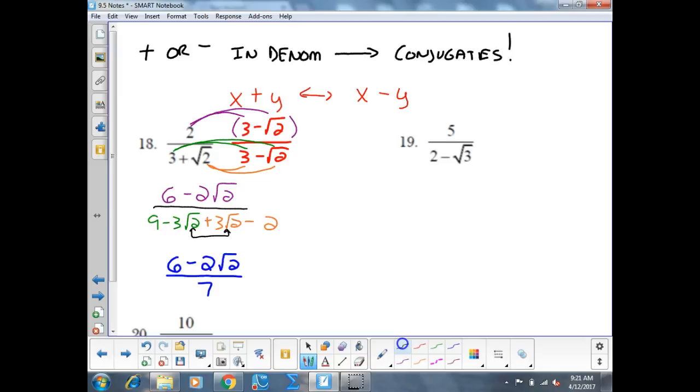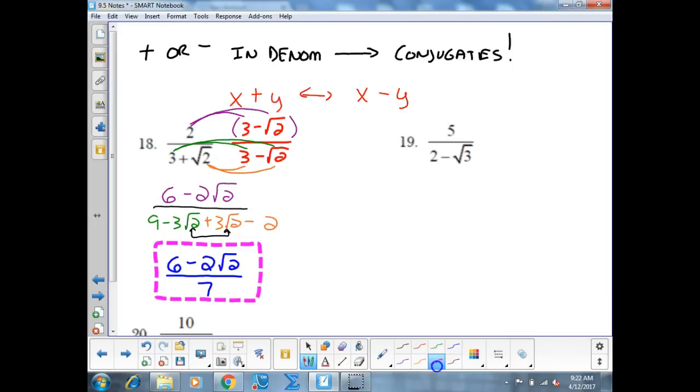Because I'm looking at those outside numbers. If there's something that goes into all 3 of them, I would reduce that out. If there's not, I leave it. I put my fancy pink dashed box around it, and I say, boom goes the dynamite.